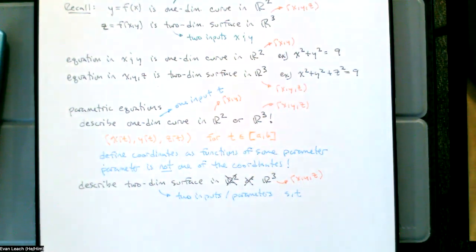If I recall correctly, the Hughes Hallett text uses s and t as our parameters.